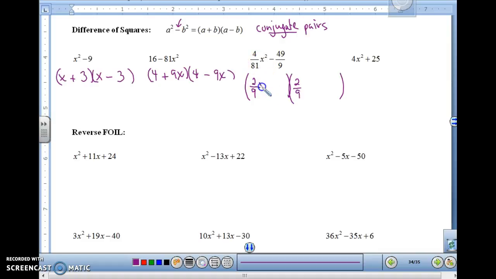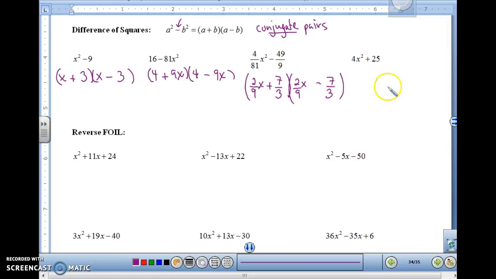How do I get x squared? x and x. There's my first term. Done. Plus and minus. How do I get 49? 7 and 7. That's in the numerator. 7's also in the numerator there. How do I get 9? 3 and 3. So as long as they're all perfect squares, it doesn't matter if they're fractions or not. You can still factor them.